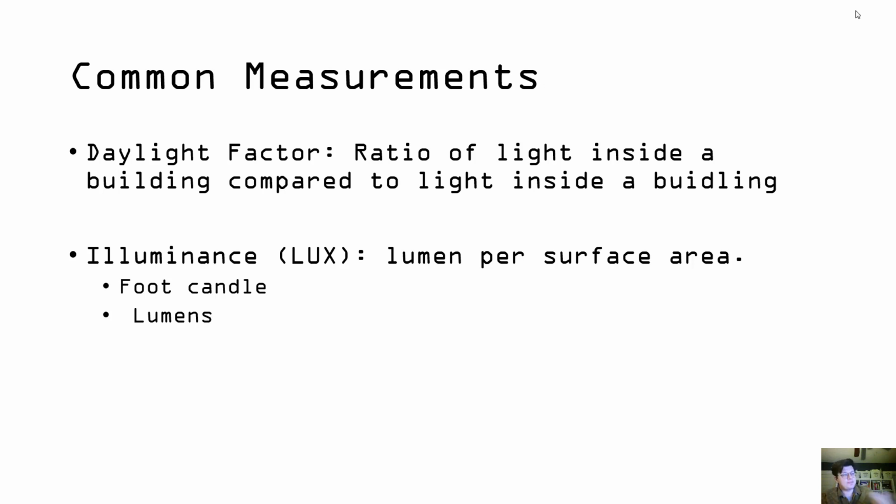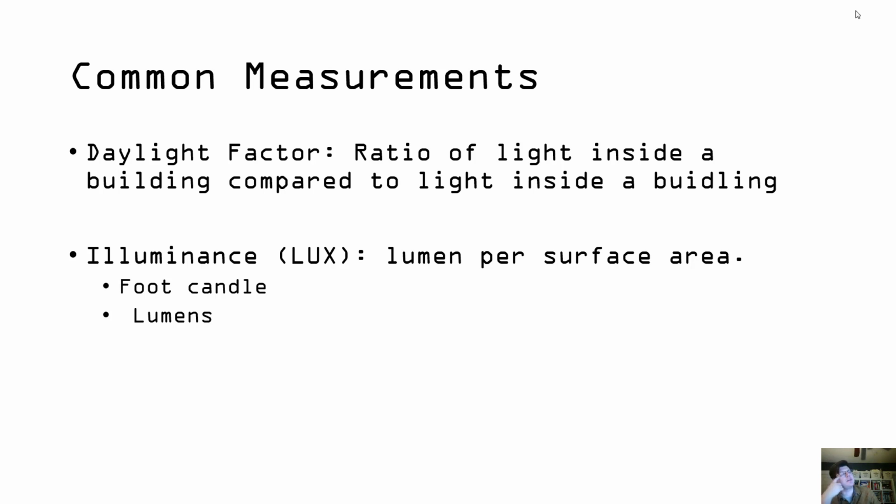And the two main ones being what's called the daylight factor, which is the ratio of light available external to a building versus light that's actually making its way inside the building. And this daylight factor measurement is actually really becoming quite popular in the daylighting realm in building science practices.